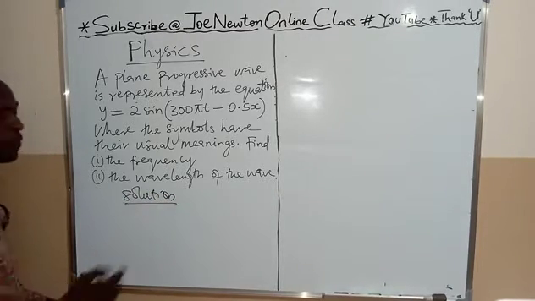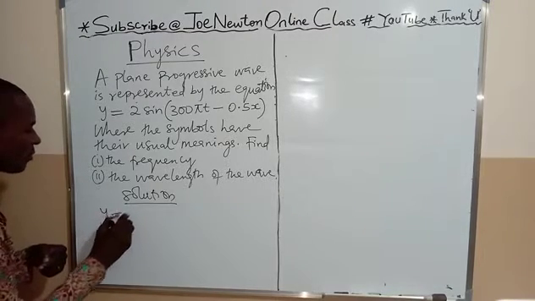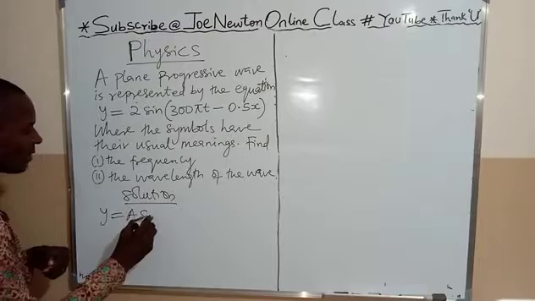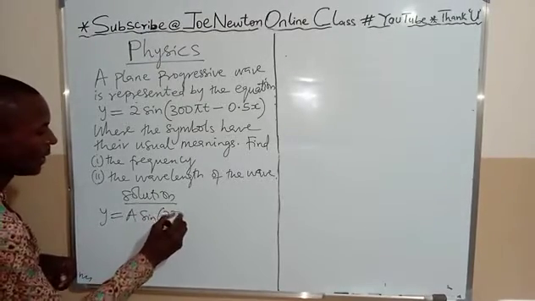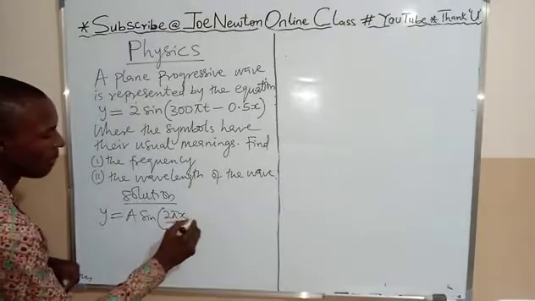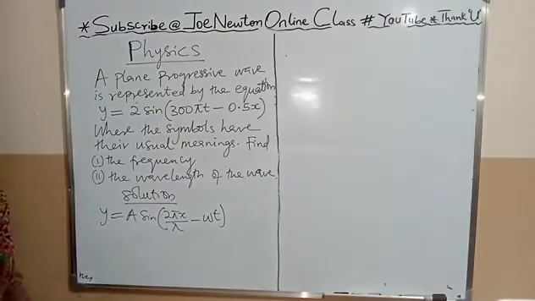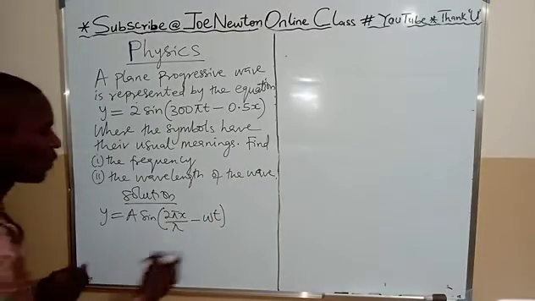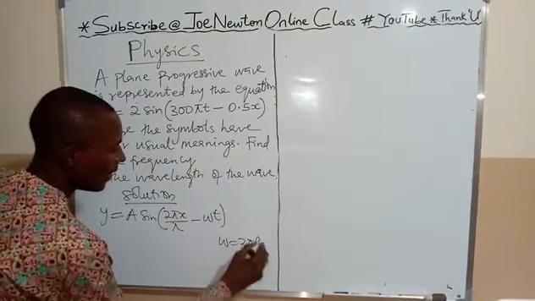From the progressive wave equation, we have that y equals A sine bracket open 2 pi x over lambda minus omega t. This is our standard progressive wave equation. But recall that omega equals 2 pi f.